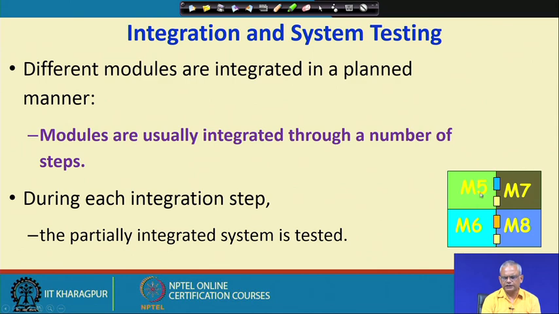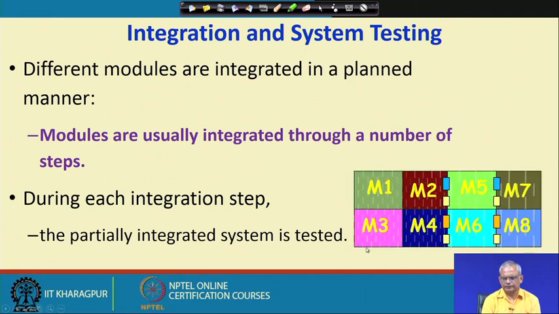During unit testing, the bugs in the different modules are identified, and in integration testing, the main focus is determining if there are any interface bugs. And in the next step, more modules may be integrated, and again the interfacing between them is checked.